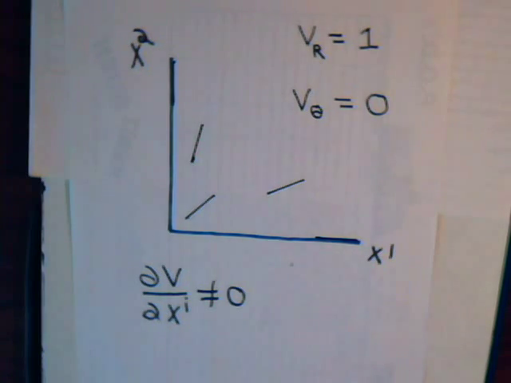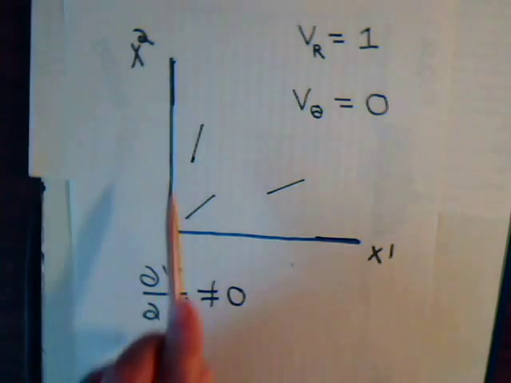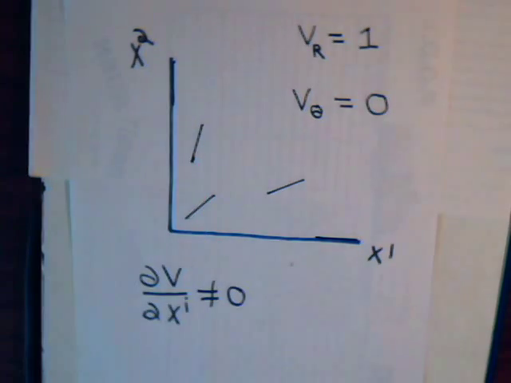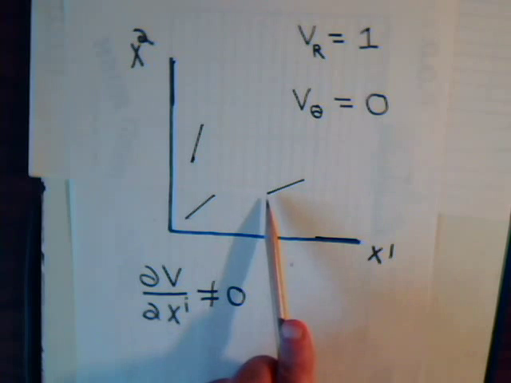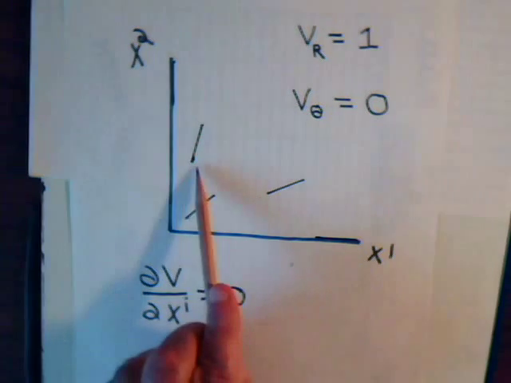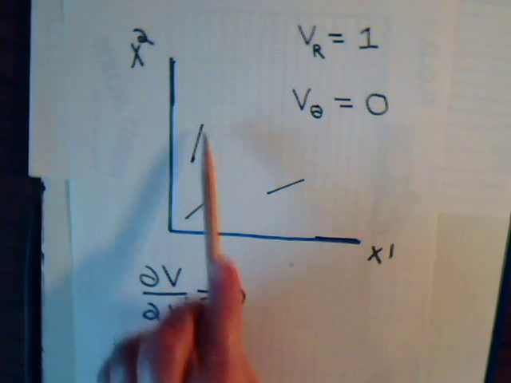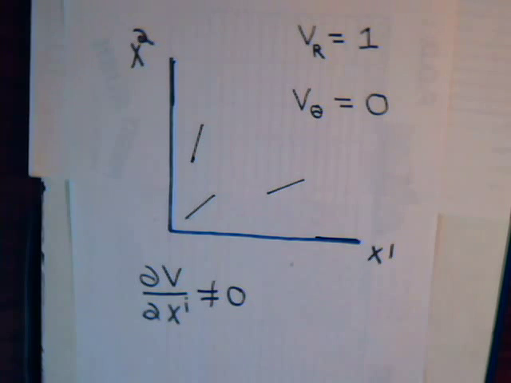But clearly in Cartesian coordinates, it's not constant. In Cartesian coordinates, this has no x2 component. This one has no x1 component. Here, this has an x1 component and an x2 component. So does this one, but clearly the x1 and x2 components are different.